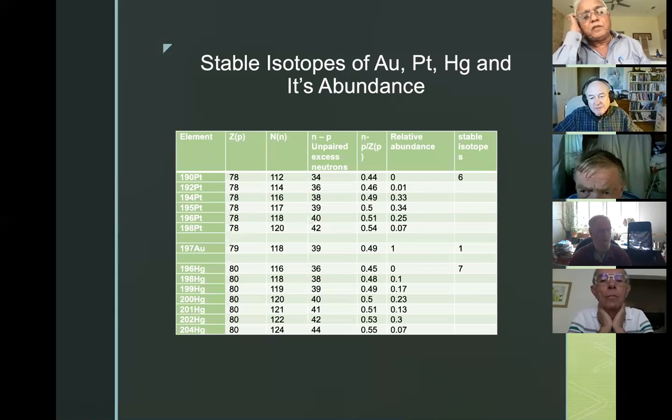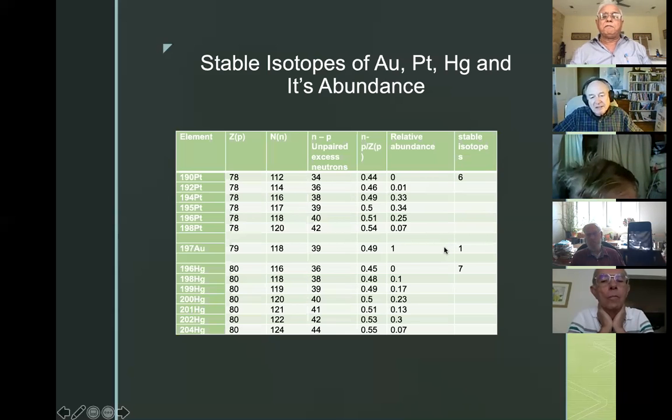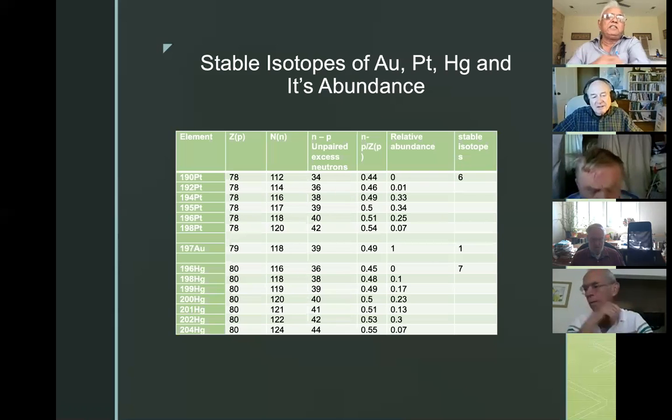So now the question is, what is making it so that gold has only 1 stable isotope while the neighbors have more than 1? The difference that you see here is nothing but the number of protons, the Z number.